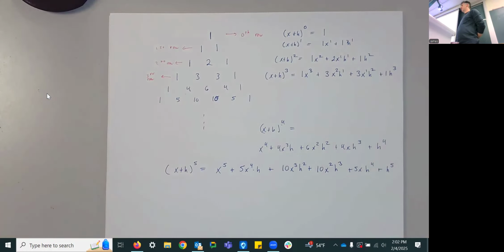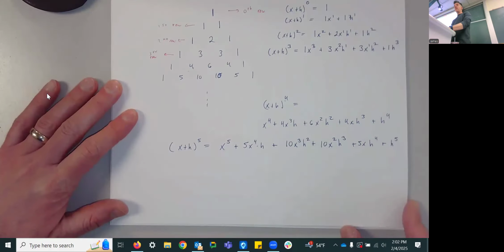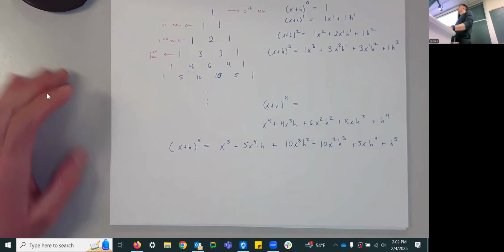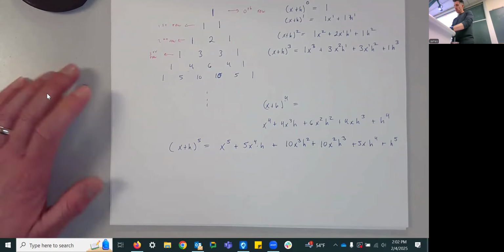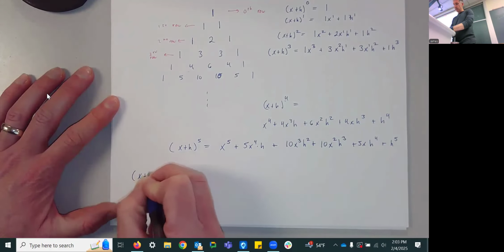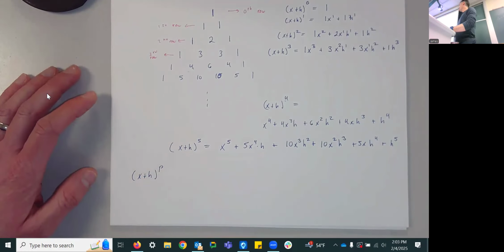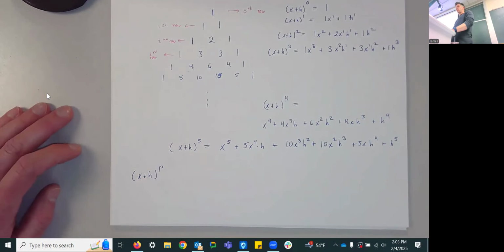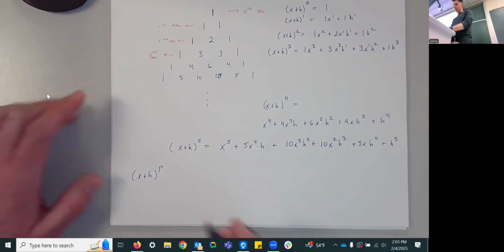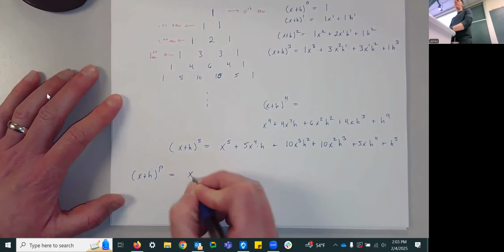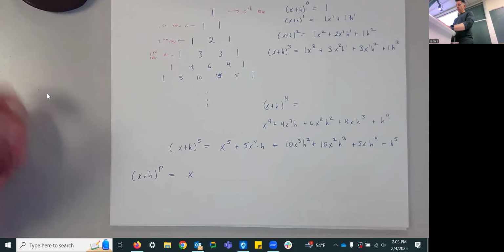And then we might as well set us up for success in a minute. If my power was some large positive integer, I'm going to call p. If I was going to find x plus h to the p, I'm not going to write all the actual numbers because I don't know them and I don't care about them. But what I do care about is the following. I know my first term is going to be x to the p.